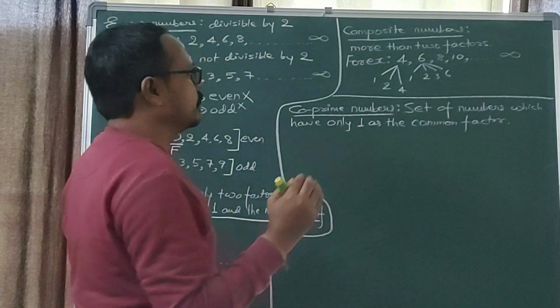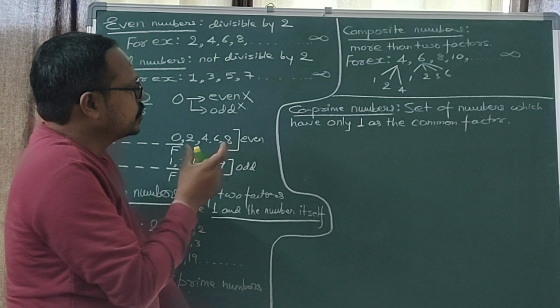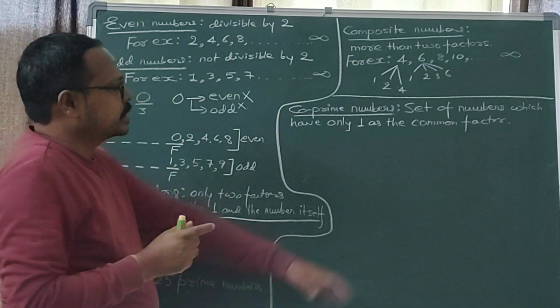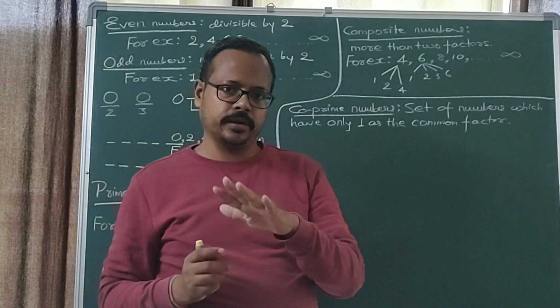Just understand it carefully. Pay attention, please. Co-prime numbers are a set of numbers which have only one as the common factor.